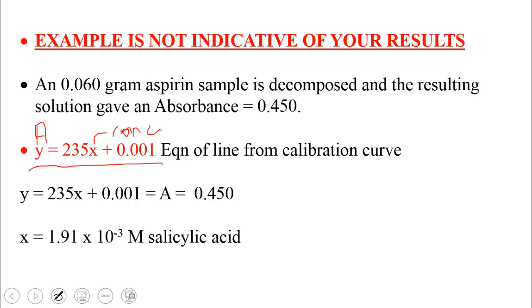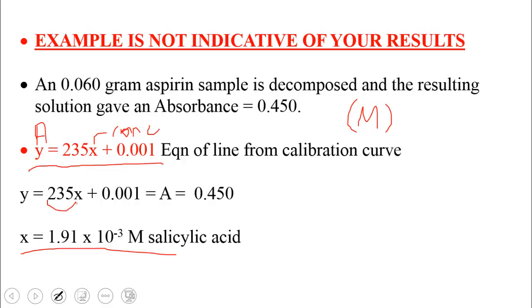For our calibration curve, the concentration of salicylic acid was measured according to standards where I knew the molarity of the salicylic acid. In solving for X, I find that we get 1.91 times 10 to the minus 3 molarity.